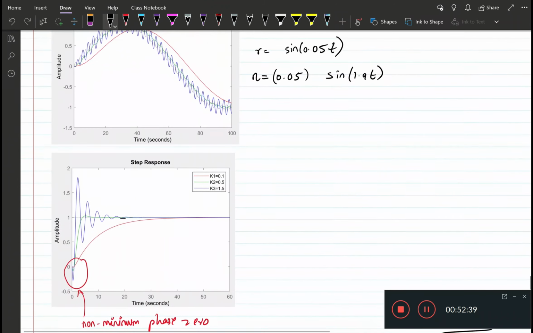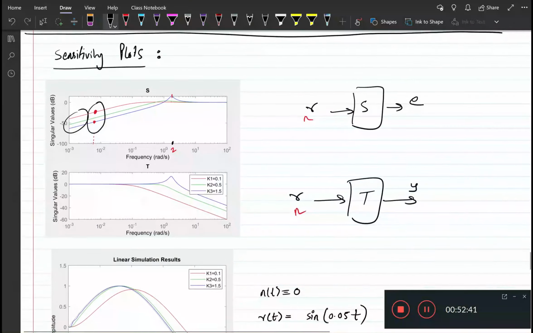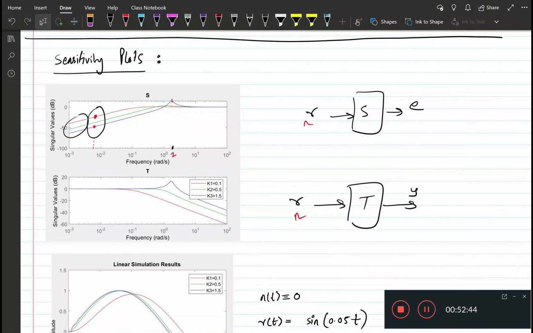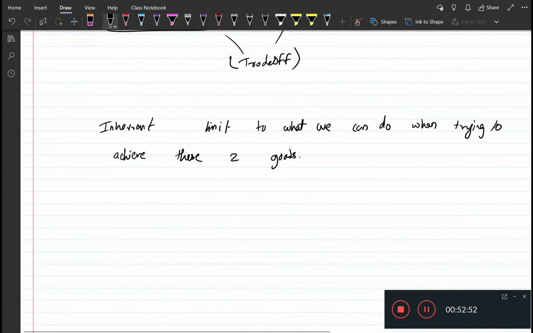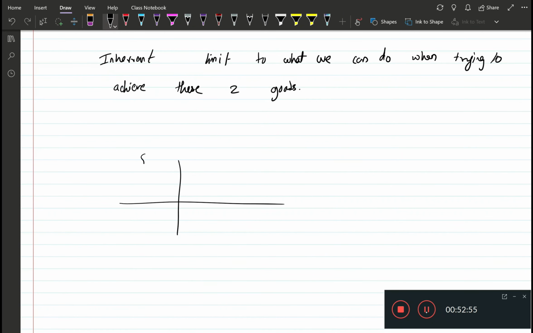So let me just say a few more words about how we see this in the sensitivity plots. Let me just sketch this thing here again. In the sensitivity plots, what we really want is in the low frequency region the sensitivity to be quite low, and in the high frequency region we want the complementary sensitivity to be quite low, or the sensitivity to be 1 but not more.